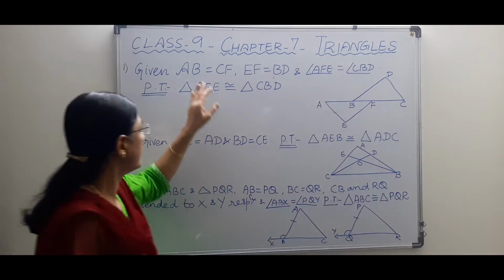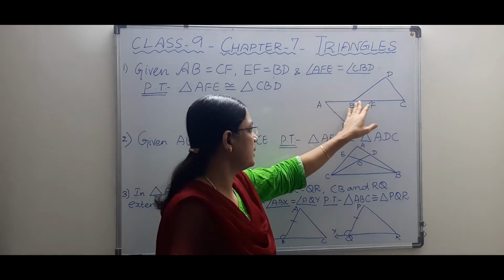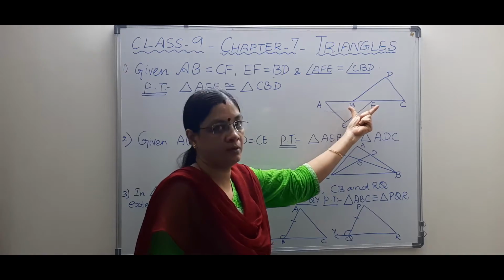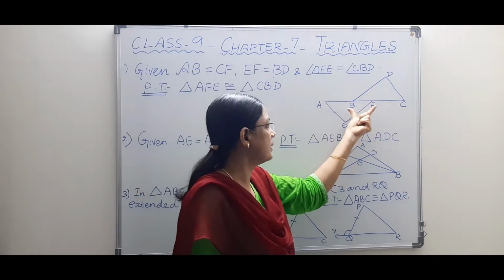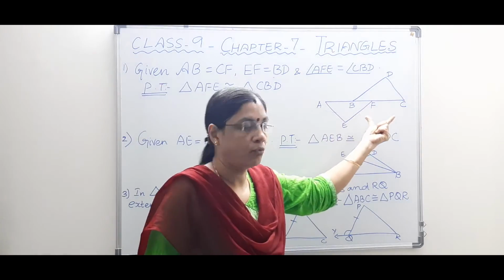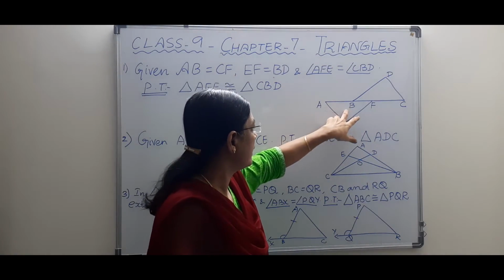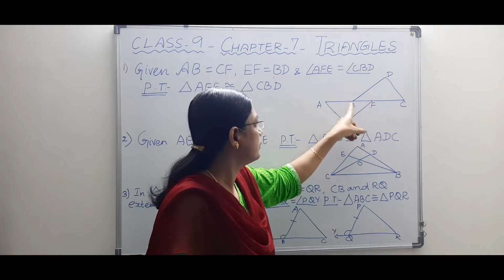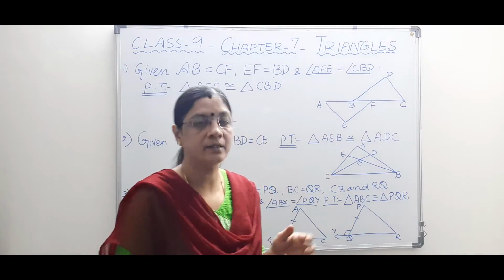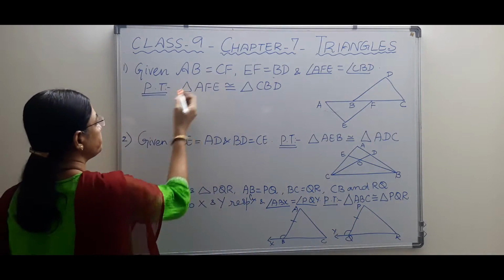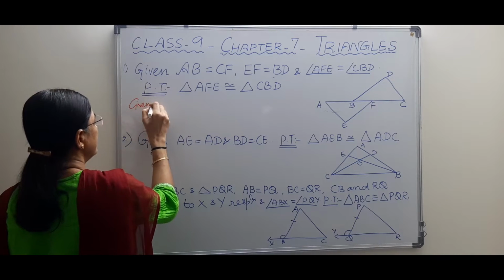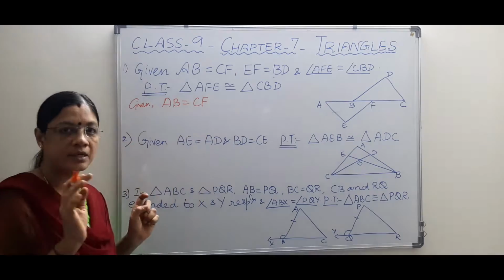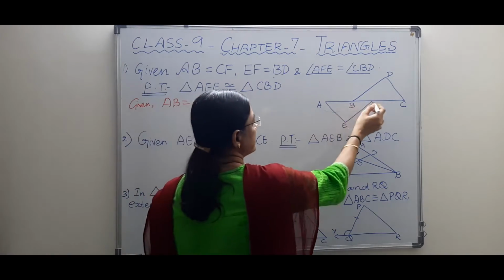That is quite easy. You are given AB is equal to CF, isn't it? The left out part is BF here. When I add AB with BF, I get AF, and when I add CF with BF, I get BC, right? So let us do that. Given here is AB is equal to CF. Now the left out part is BF.